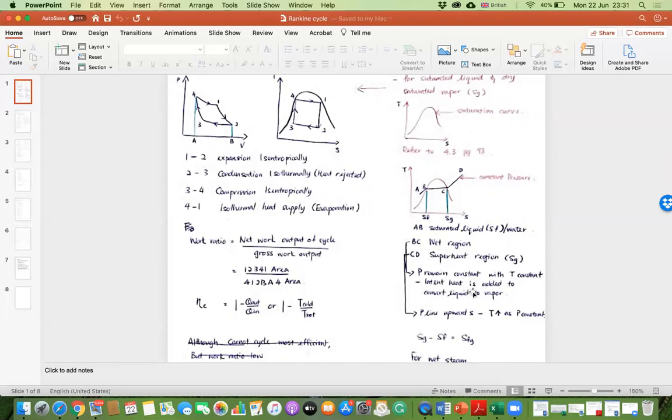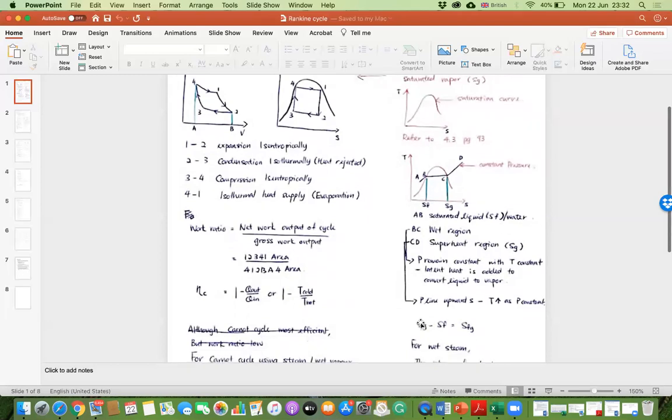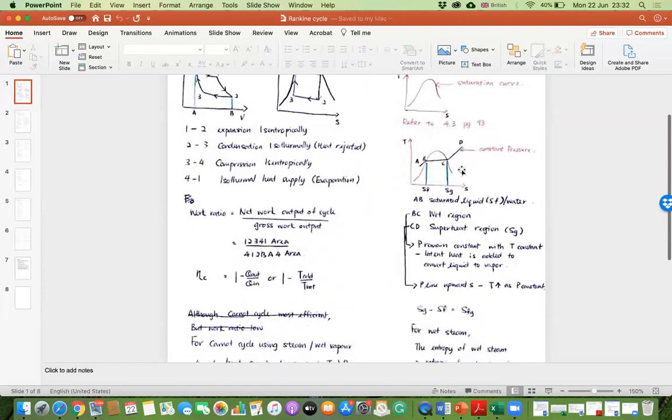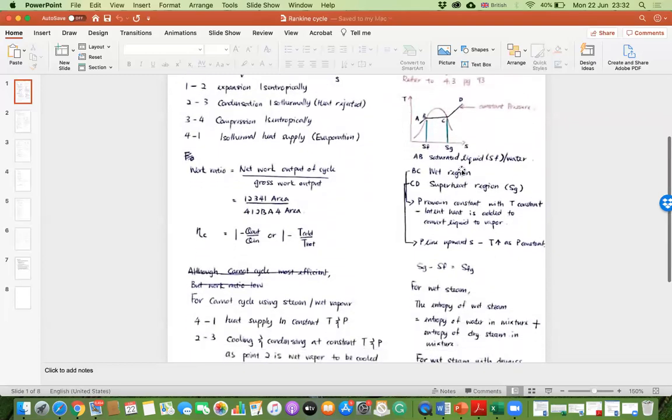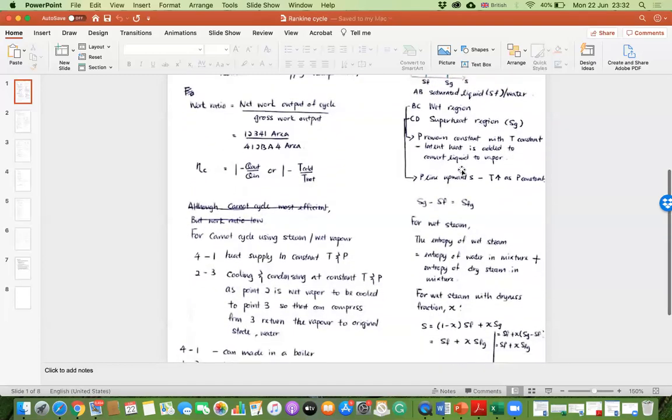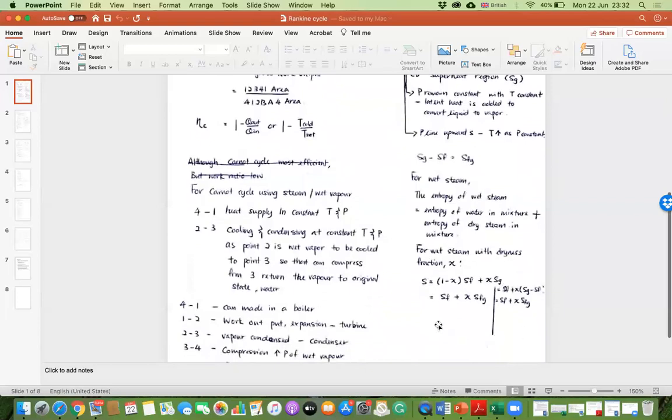Latent heat is added to convert liquid to vapor. CD is the superheated region. The pressure is still the same, but the line goes upwards as the entropy and the temperature increase. If you would like to find the dryness fraction, you have to refer to this equation.